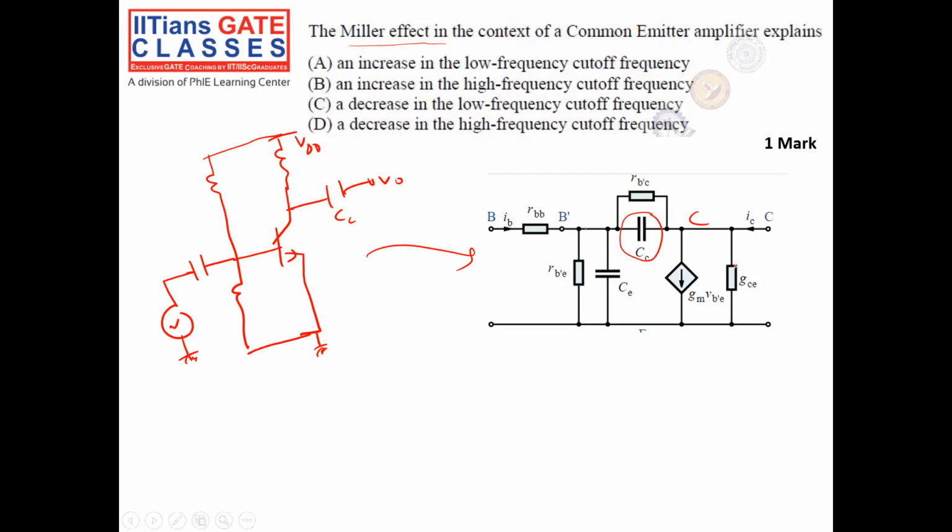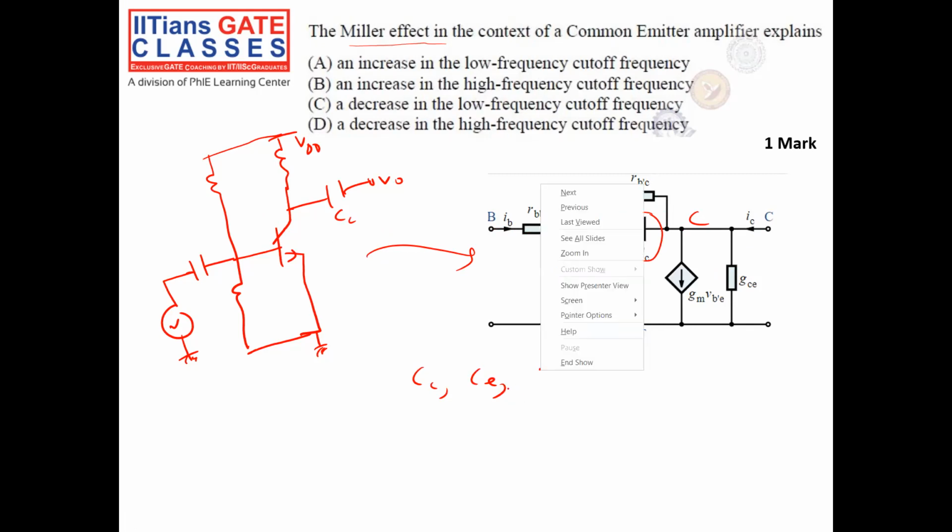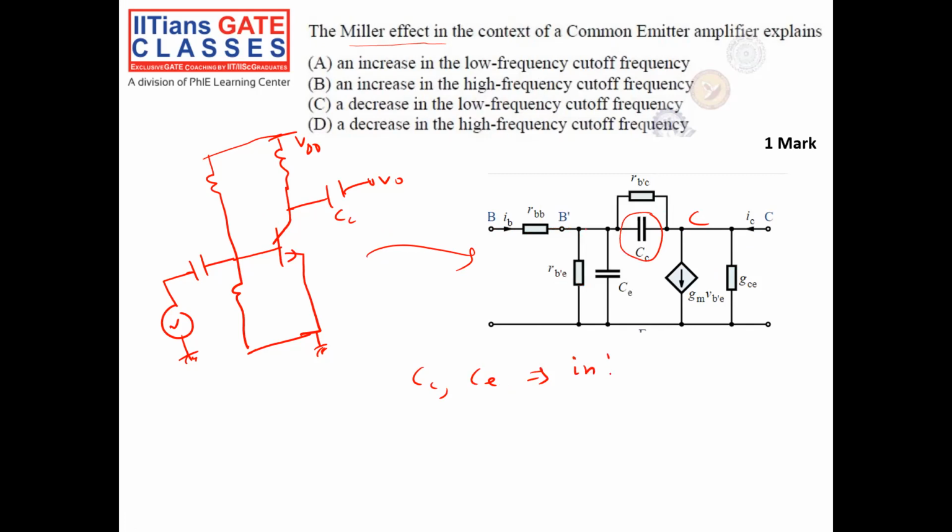Okay. Why? Because you see, Cπ and Cμ are the intrinsic capacitors. It's not the external capacitor. These capacitors are very small. The intrinsic capacitor is there in the transistor irrespective of my frequency of operation.